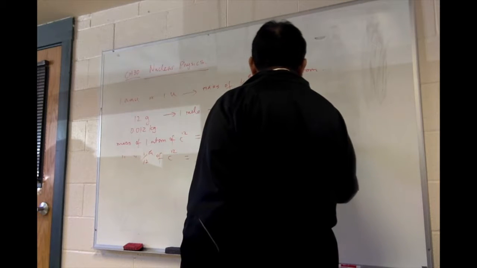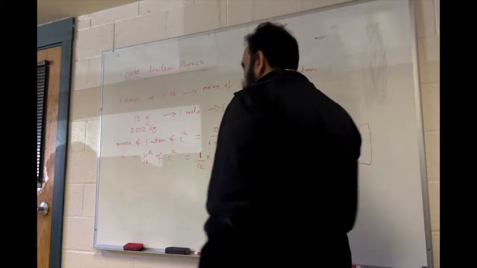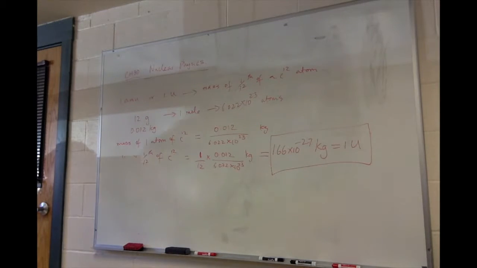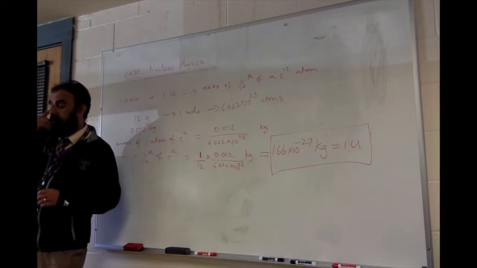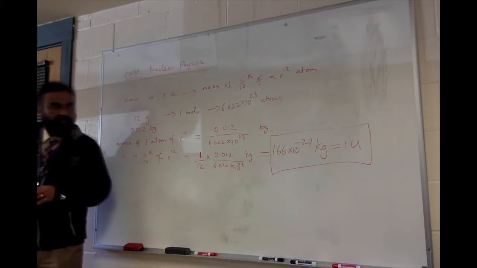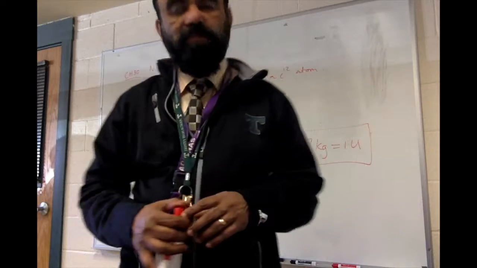So that is an important thing to remember. And of course that's provided in the formula sheet, in the data sheet. So one atomic mass unit is 1.66 times 10 to the power of negative 27 kilograms.